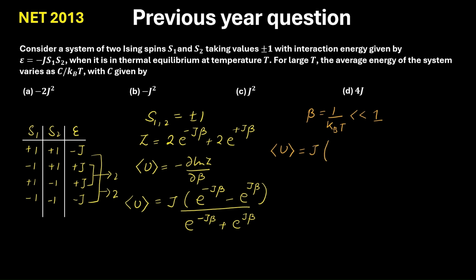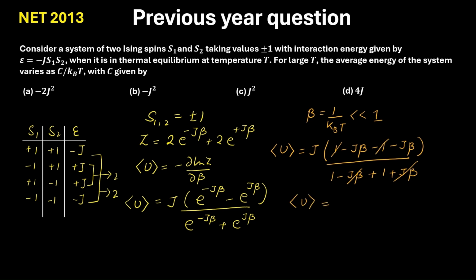So J here, it will be 1 minus J beta minus 1 plus J beta. Then in the denominator, I'll get 1 minus J beta plus 1 plus J beta. So these two will cancel out and these two will cancel out. So you have minus J square beta.